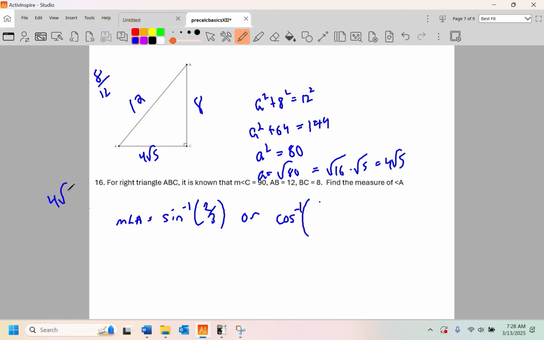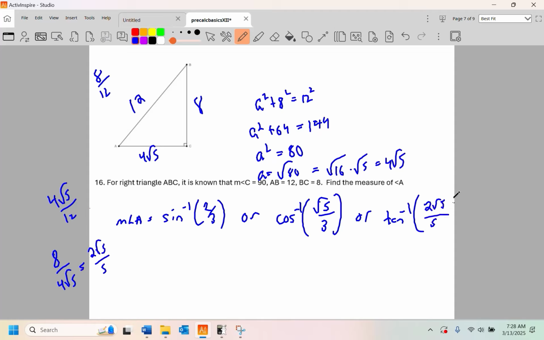Let's think about that, 4 root 5 over 12. Isn't that going to be root 5 over 3? Or it could have been the arc tangent of 8 over 4 root 5, which would be 2 root 5 over 5. Because 8 over 4 is 2 up top, and so forth.